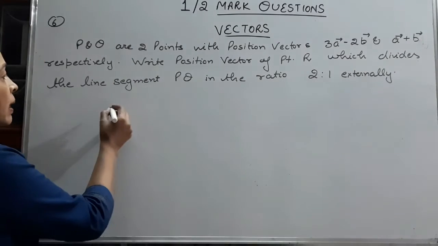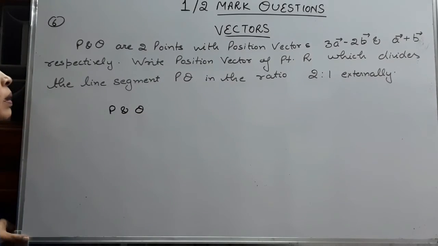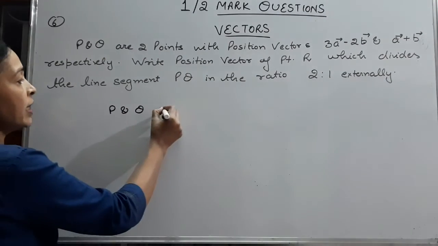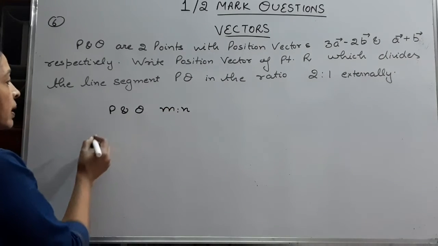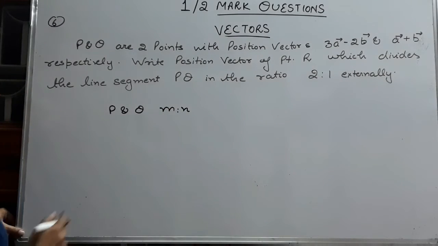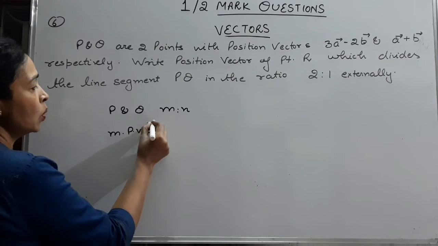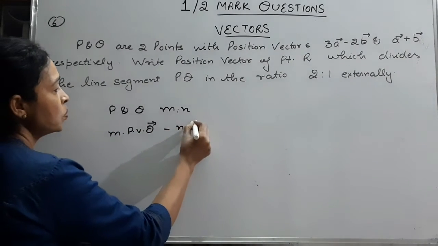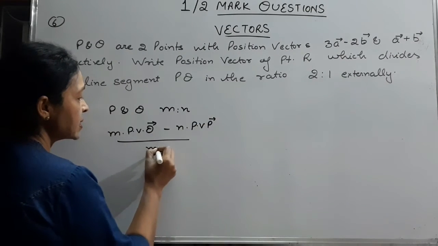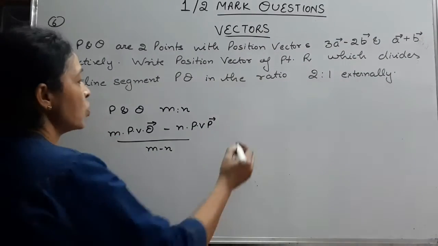As per our section formula, if P and Q are divided by a point R externally in the ratio m:n, then what will be our formula to find the vector R? It is m into position vector of Q minus n into position vector of P upon m minus n. Now our ratio is 2:1.